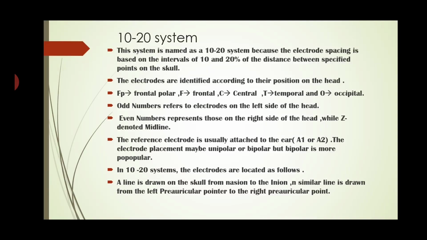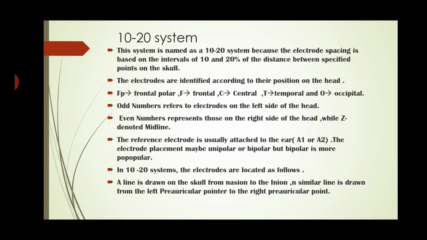Odd numbers refer to electrodes on the left side of the head, even numbers represent those on the right side, while Z denotes the midline. The reference electrode is usually attached to the ears, A1 and A2. The electrode placement may be unipolar or bipolar, but bipolar is usually more popular.